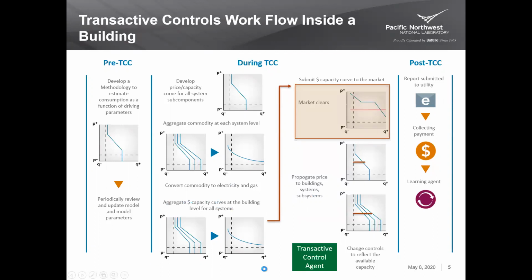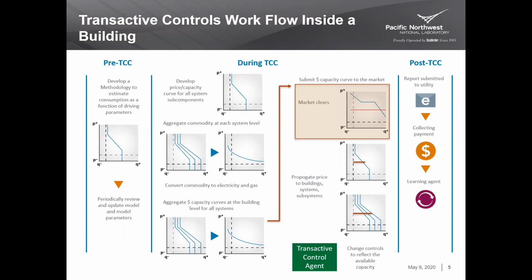The AHU agent then utilizes another model, which is built for that AHU, similarly to the VAV model, but of course a different form, to translate that into some need for electricity. And then based on the supply curve, the market clears a price, and that price is then propagated back down to those individual TCC agents, which modify their controls.